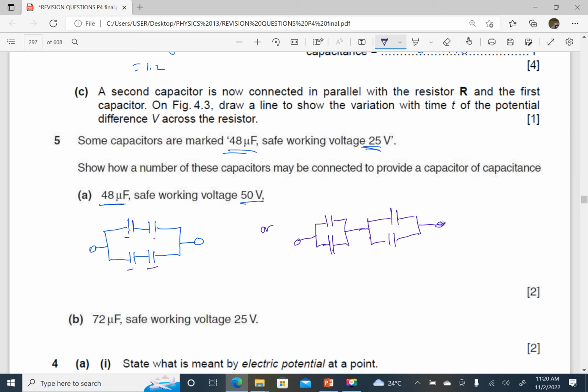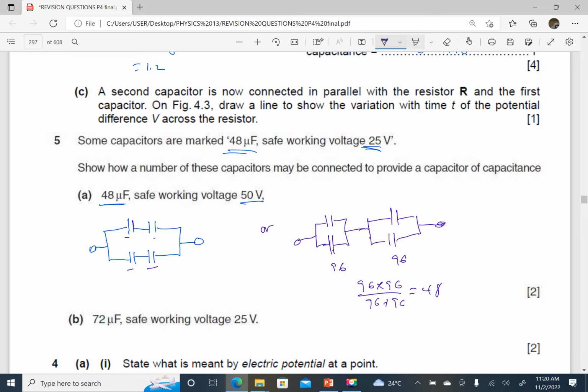The total capacitance for these ones in parallel is 48 plus 48, which is 96. Here it is also 96. Now they're in series, so you check 96 times 96 over 96 plus 96, and automatically this gives me 48. That means my combination is correct.